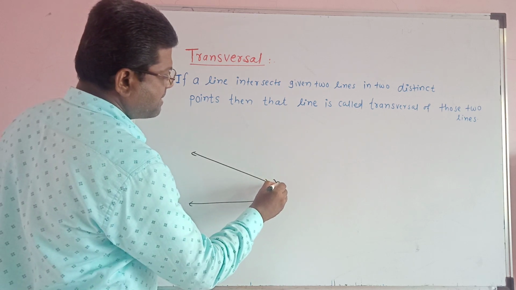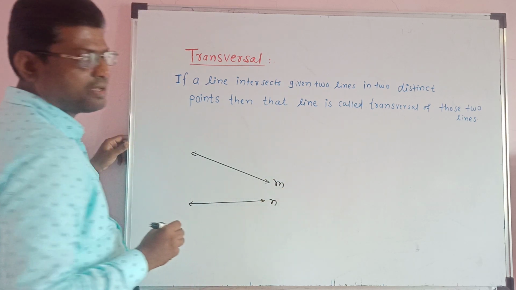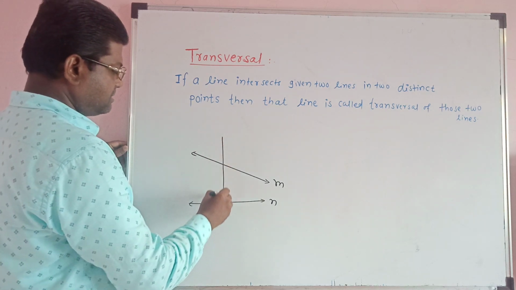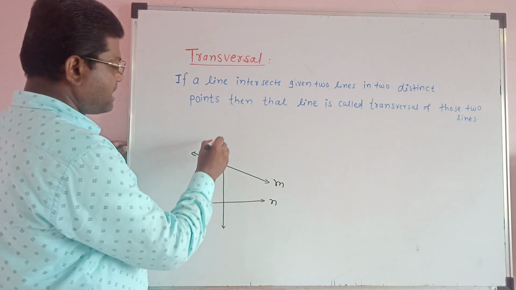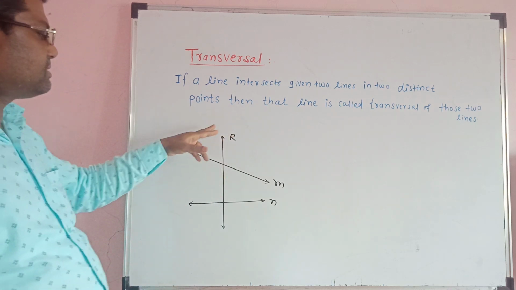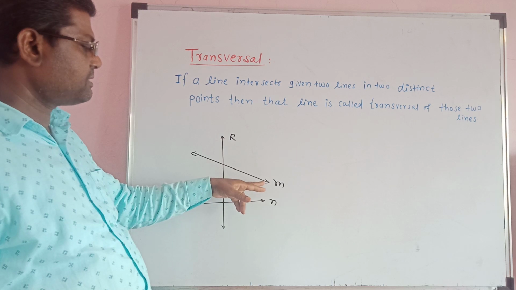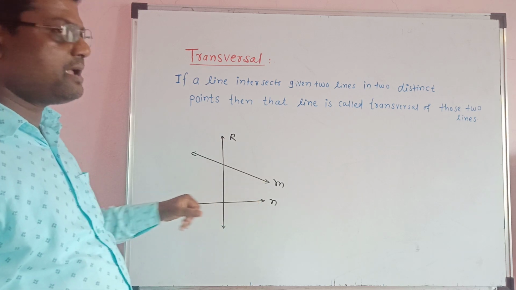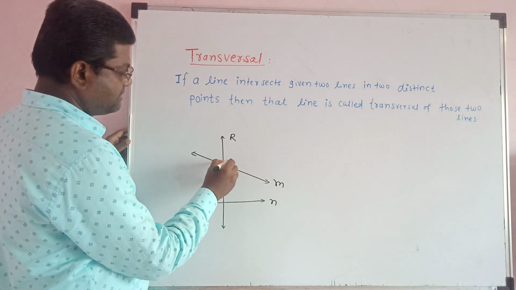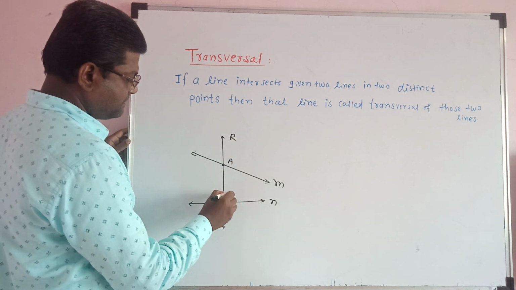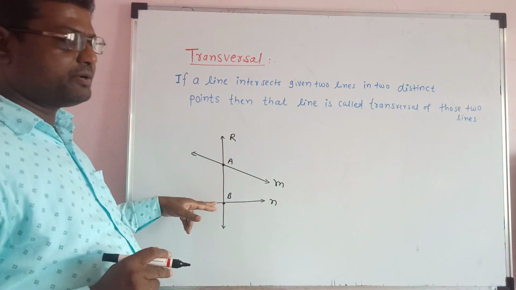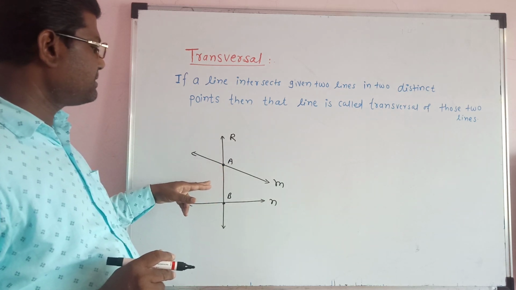This line is M and this line is N. Now consider the third line R. This third line intersects lines M and N at the points A and B. These are distinct points, that is different points.